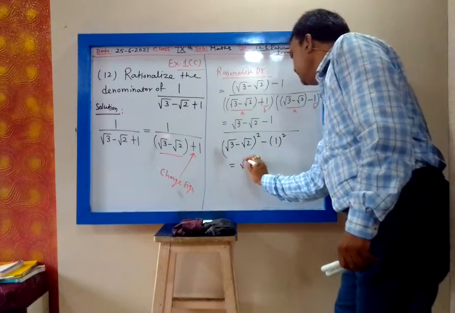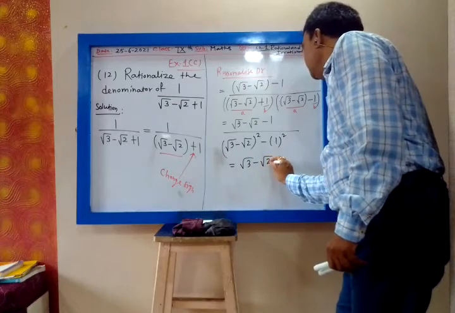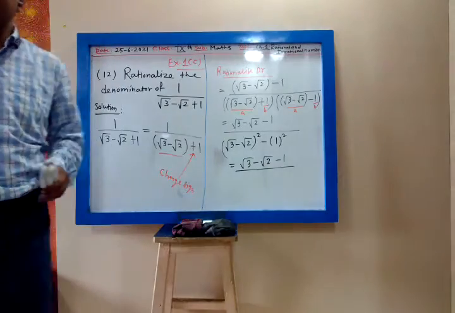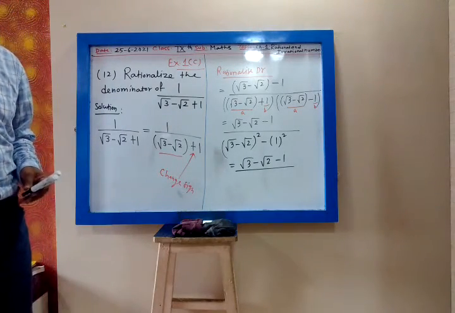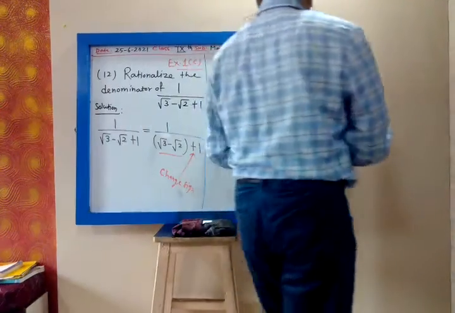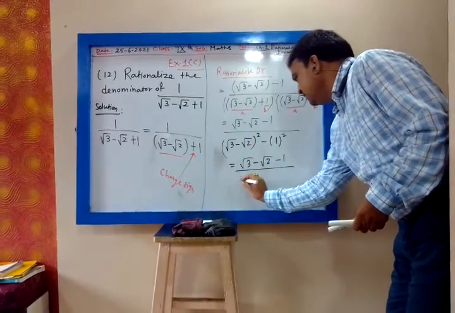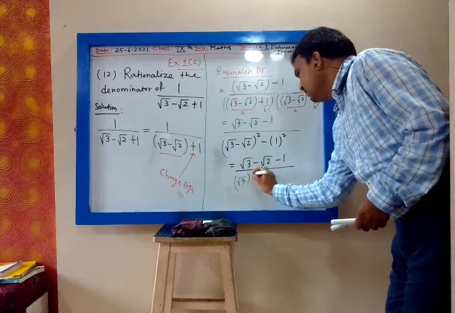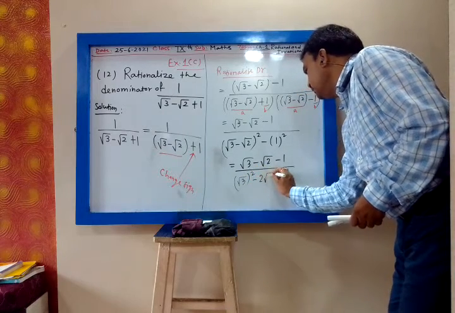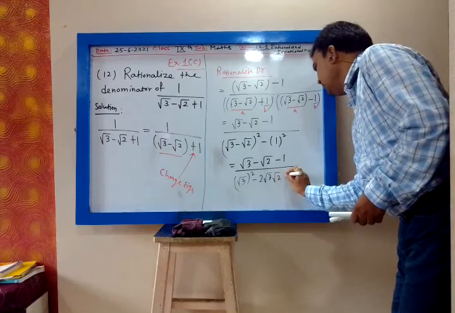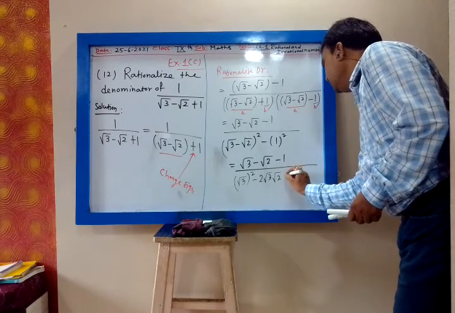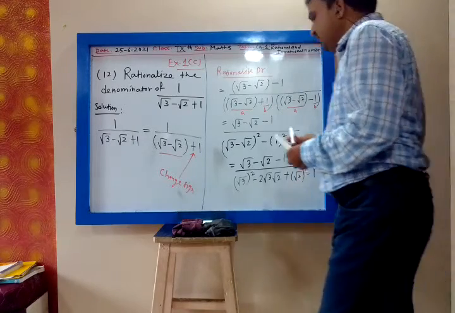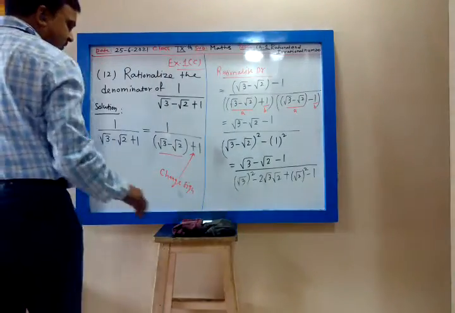So the numerator is root 3 minus root 2 minus 1 upon, use the formula for a minus b whole square. That will be root 3 square minus 2 into root 3 into root 2 plus root 2 square minus 1. I am showing the steps, you can write directly.